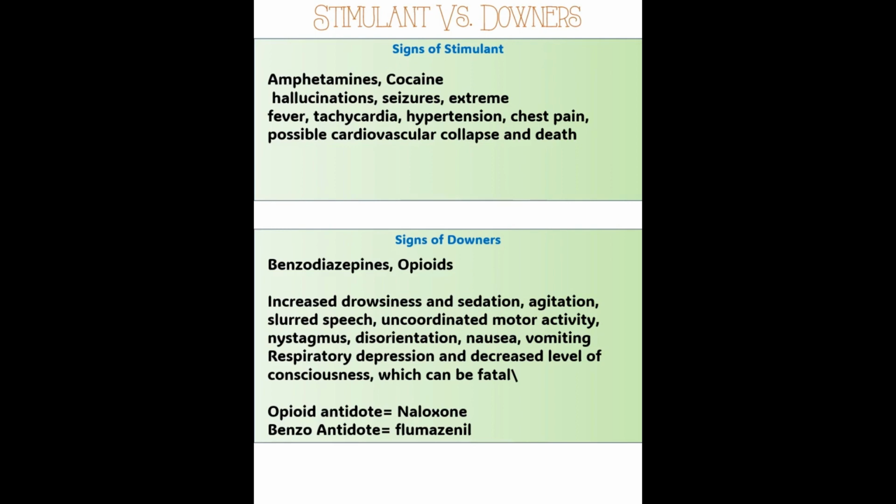That can lead to chest pain and cardiovascular collapse, which can cause death. So we do need to monitor their heart, especially when they're withdrawing. When somebody is coming off of a stimulant, we're probably going to give them a downer, kind of like a benzo. So we're going to give them a benzo to start.